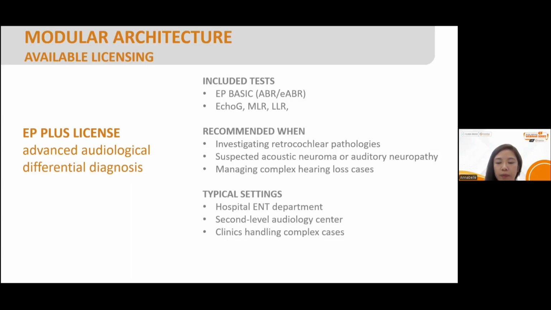Or say you have a patient who has some hearing problem but can't really tell; the pure tone audiometry is normal, but they still report some hearing problem. Then we go for the retrocochlear tests like the MLR and the LLR. Or maybe for some older kids, not newborn, we suspect them to have auditory neuropathy.